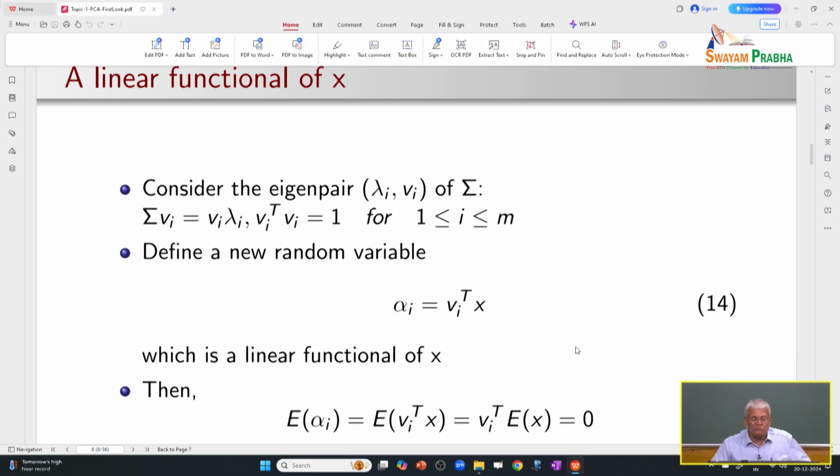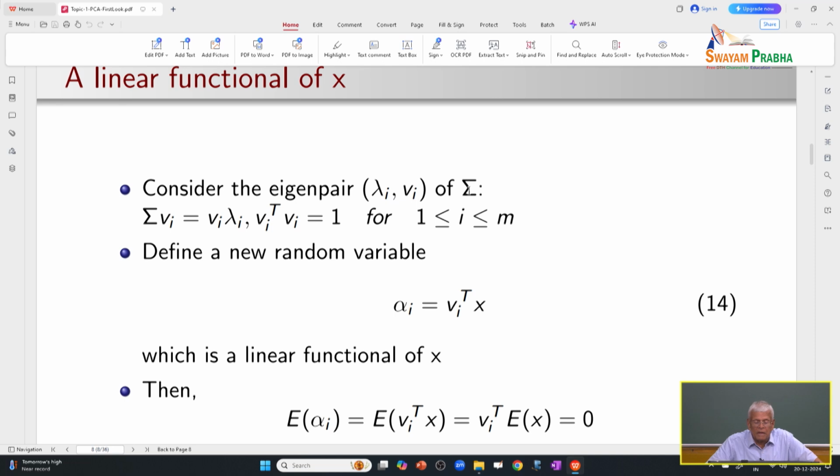So consider the eigenpair lambda i, Vi of sigma. Sigma Vi is lambda i Vi, and Vi transpose Vi is equal to 1. We already know that because they are an orthonormal system. Here comes the connection between the principal pattern, the design problem, and the Rayleigh coefficient and its properties. Now I am going to define a new random variable.